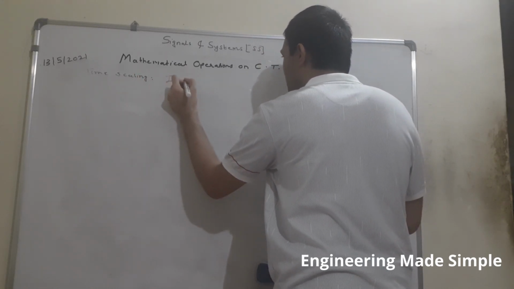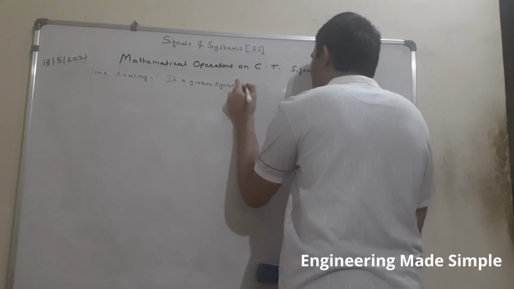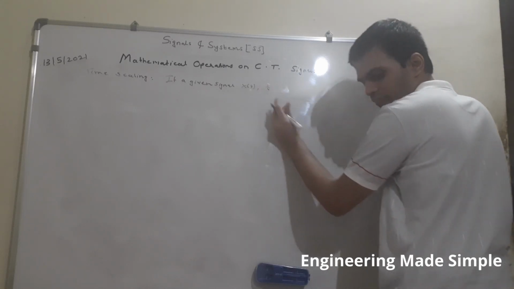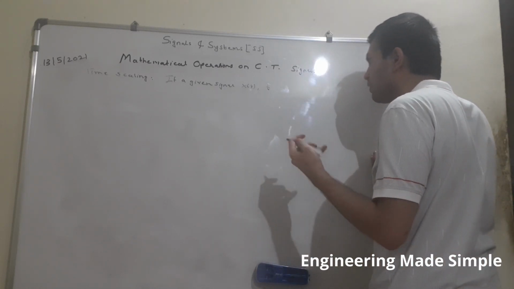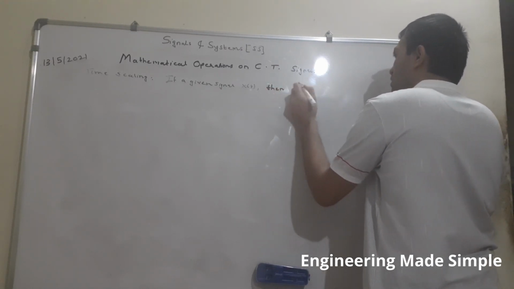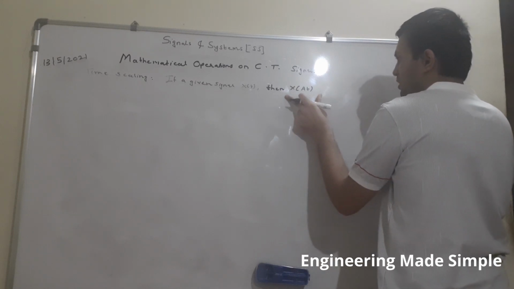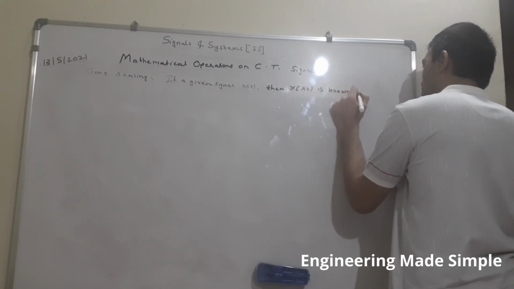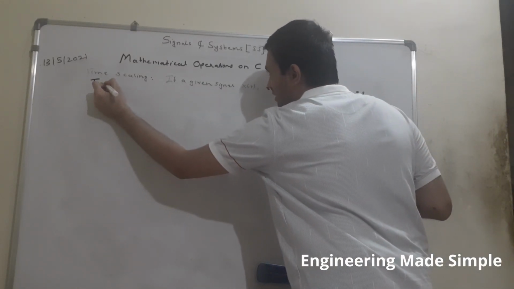If you have a given signal x of t, then x of a into t, that is x of at, is known as the time scaled version of x of t.